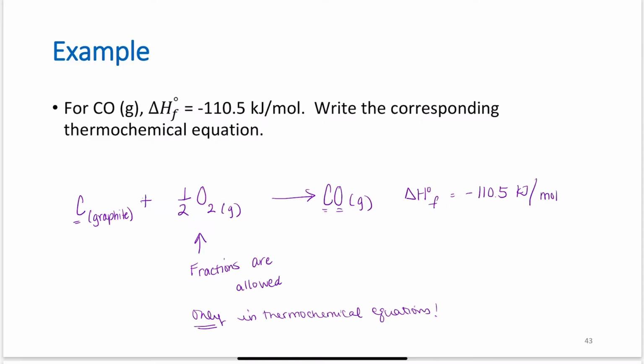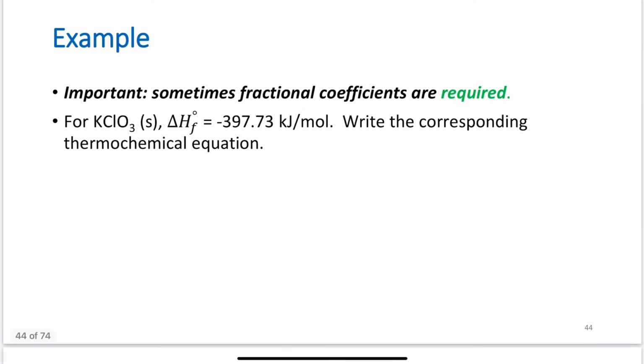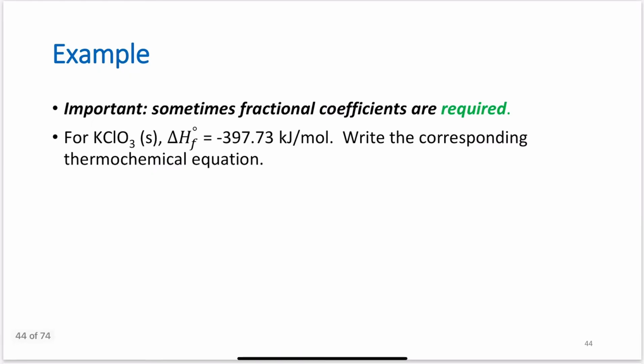The key to this is that sometimes fractional coefficients are required. Sometimes we just can't get away from it, because by definition, we have to form 1 mole. So again, sometimes fractional coefficients are absolutely required.